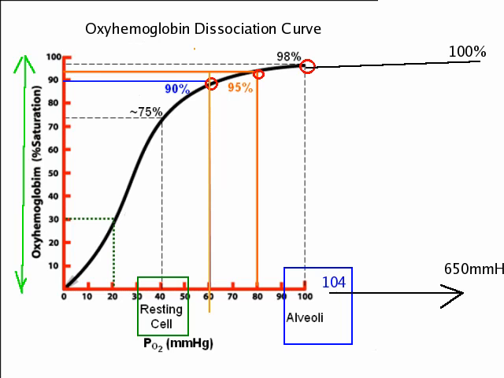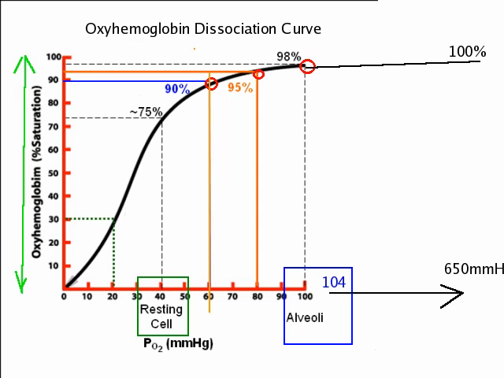Hemoglobin saturation when alveolar pressure is at 40 millimeters of mercury is 75%. So what that says is you've got a red blood cell, all four heme groups are bound. It passes by a cell that is resting.